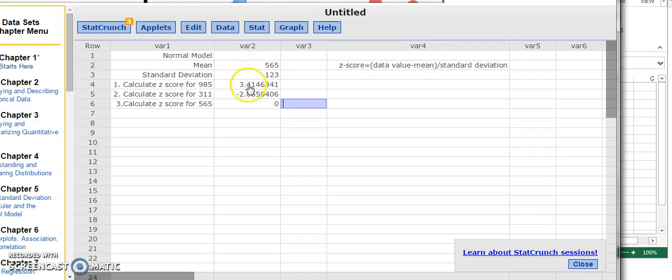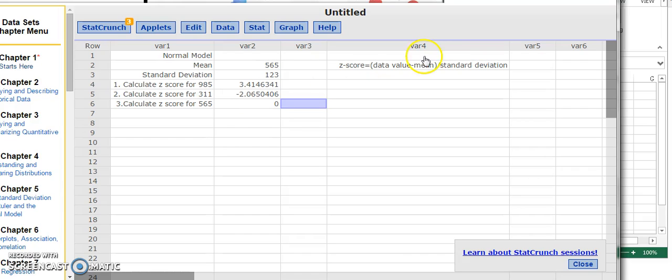So this number just means 985 is 3.4 standard deviations above the mean. And 311 is 2.1 standard deviations below our mean. So positive means above the mean, negative means below the mean.